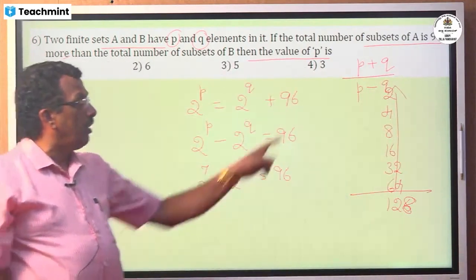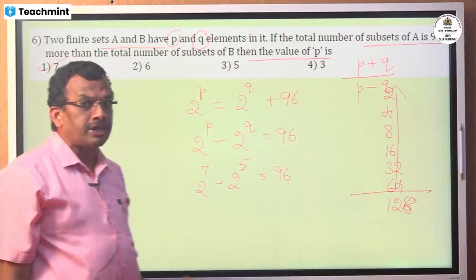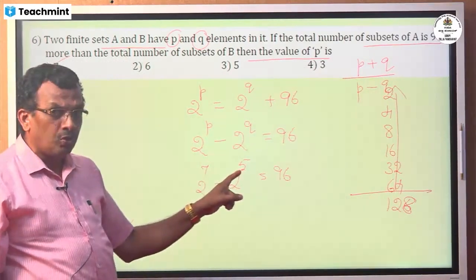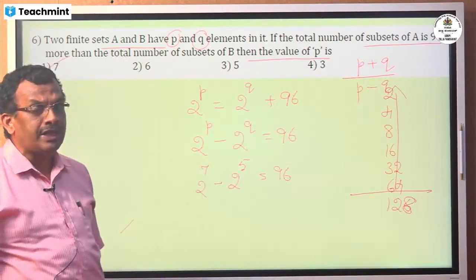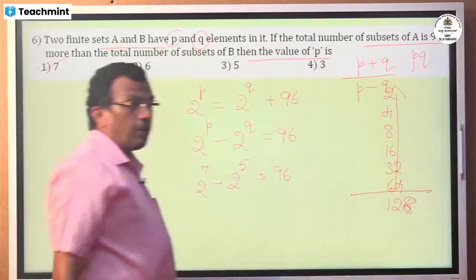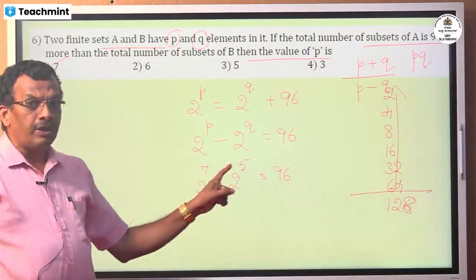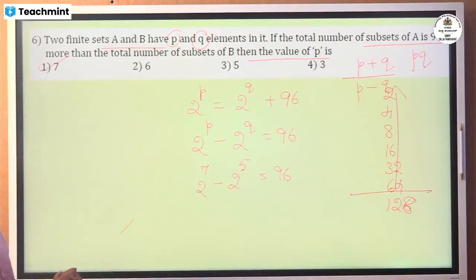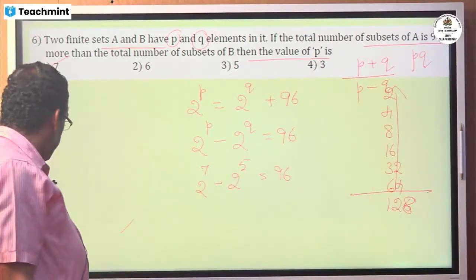The value of P plus Q divided by P minus Q is, P plus Q is 12, P minus Q is 2, 12 divided by 2 is 6. The value of PQ is the product P into Q. 7 5 is 35. Tables ಕರೆಕ್ಟ್ ಆಗಿ ಗೊತ್ತಿರಬೇಕು because in your CET calculator is not allowed. Remember that one.